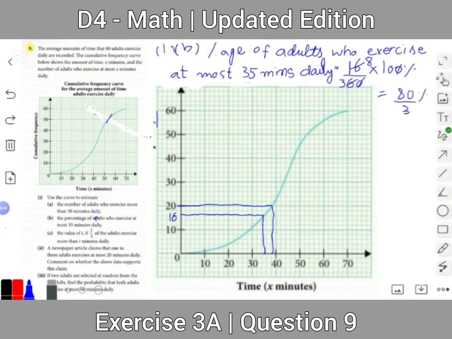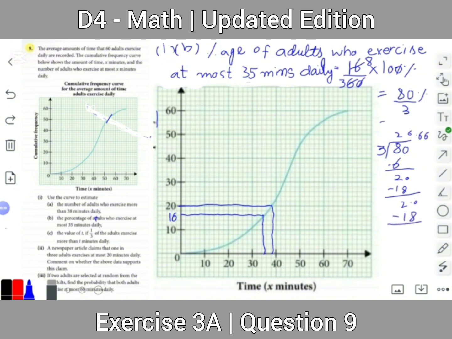Now we will divide 80 by 3. So here we have 3 2s are 6, 3 6s are 18, again 3 6s are 18, so it goes on continuing.